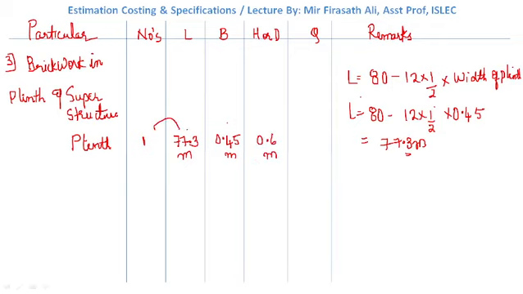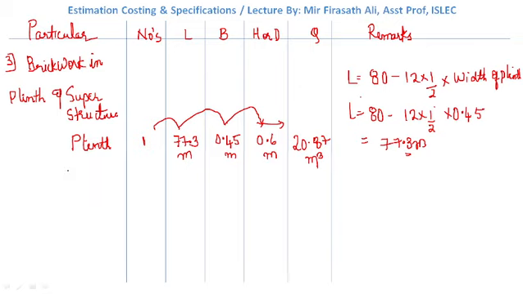Multiply all this, 1 into 77.3 into 0.45 into 0.6. If you multiply this, the value will be about 20.87 meter cube. Now this was for plinth.